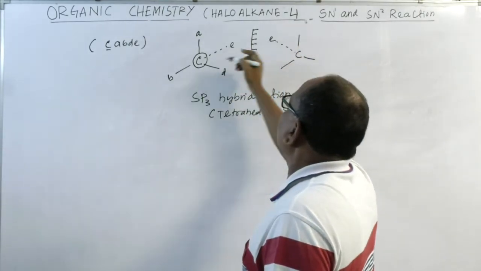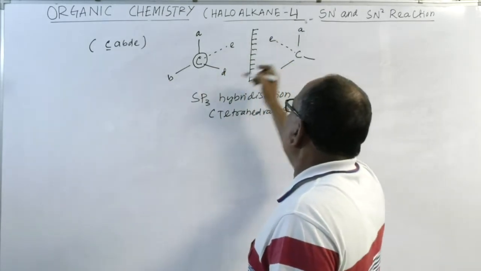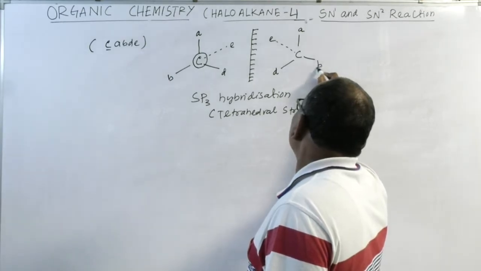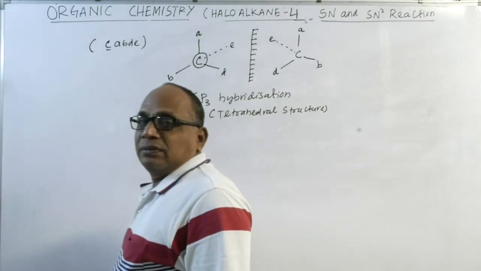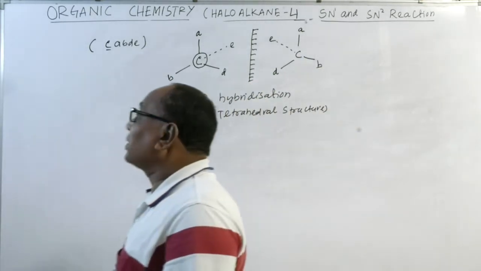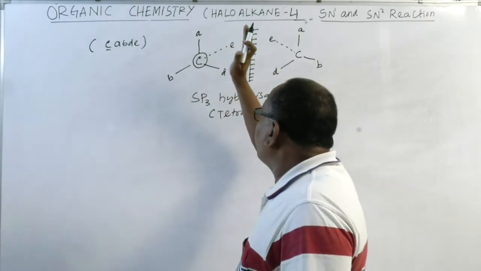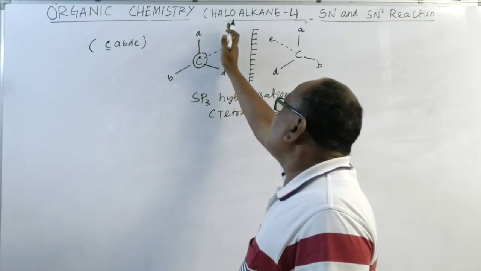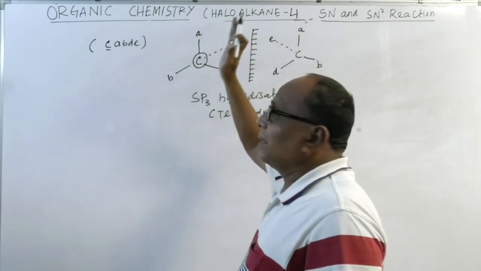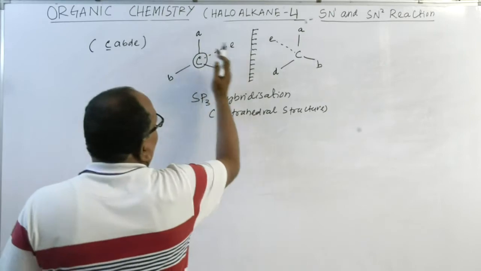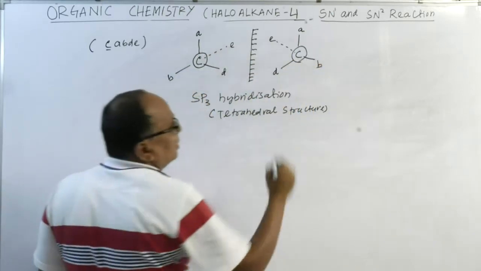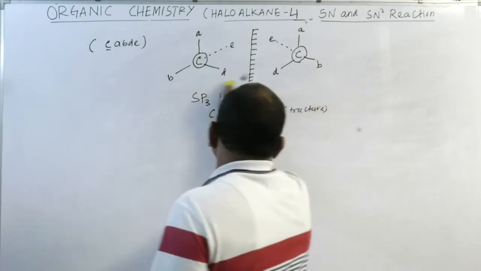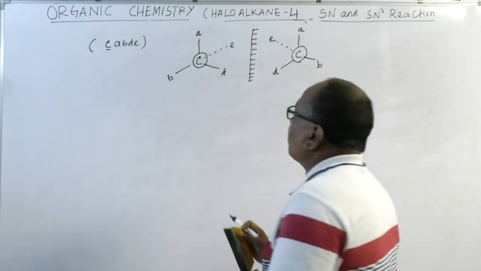This is E, and this is A, this is D, and this is B. The E and A are in this structure on the right hand side, whereas in the image they are on the left hand side.